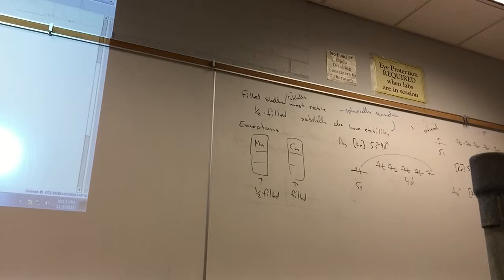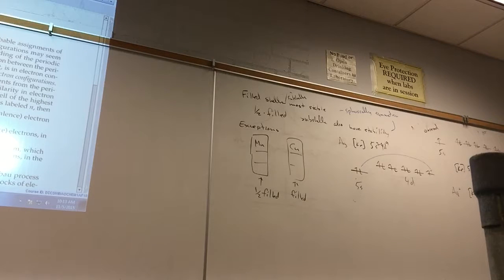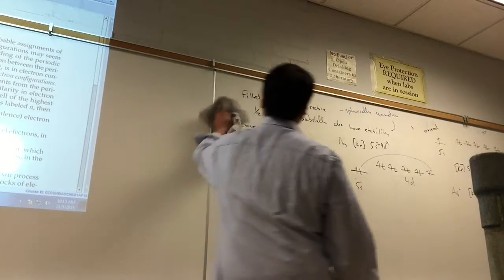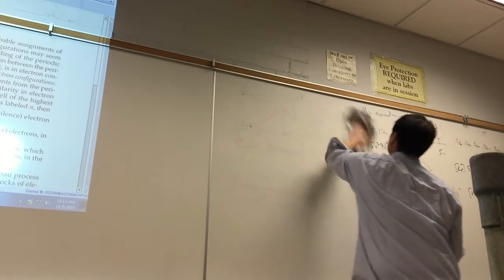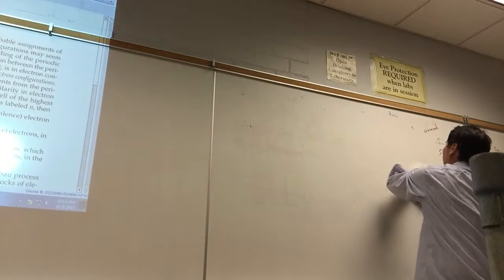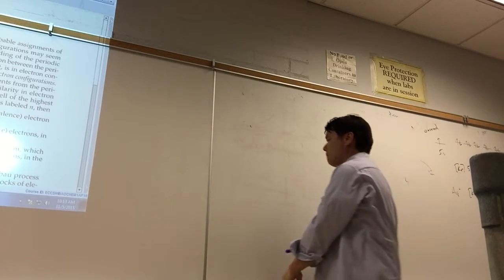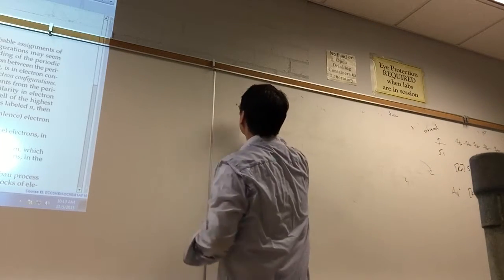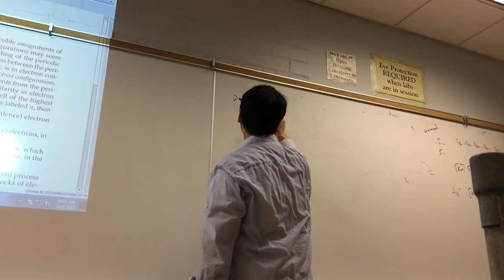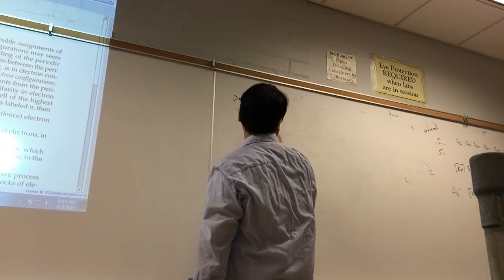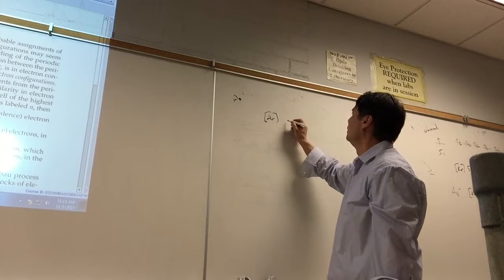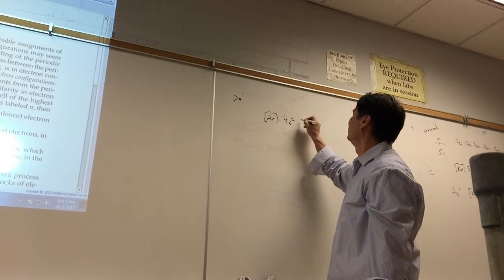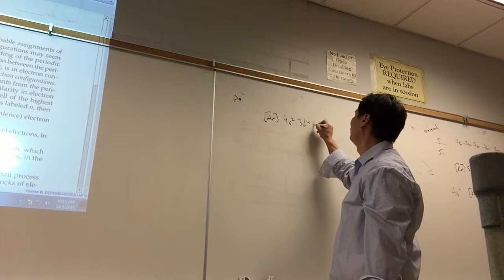Let's take a look at something like arsenic. How many valence electrons does arsenic have? Well, what is the electron configuration of arsenic? Arsenic is going to be argon, to use the abbreviation here, 1s2, 2s2, 2p6, etc. Argon, 4s2, 3d10, 4p3.